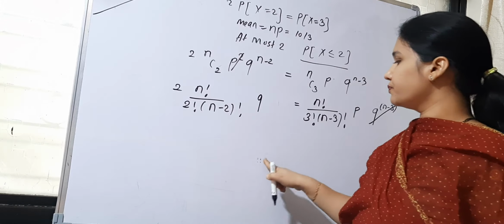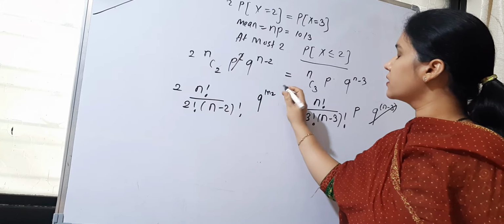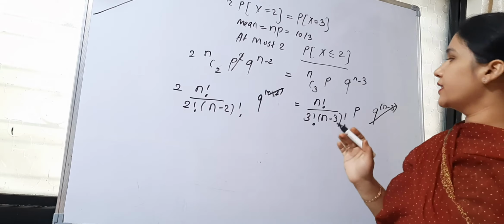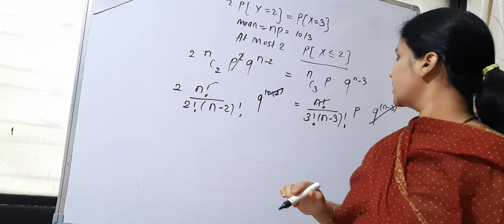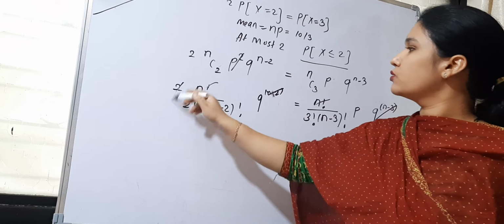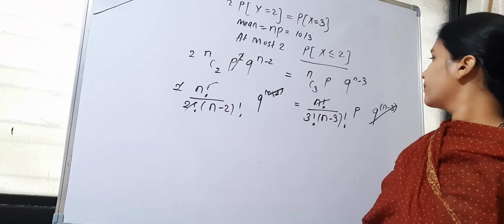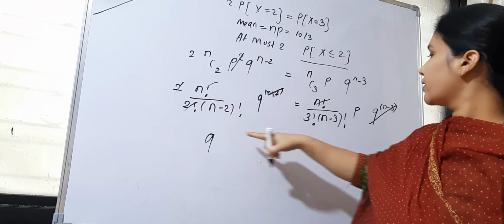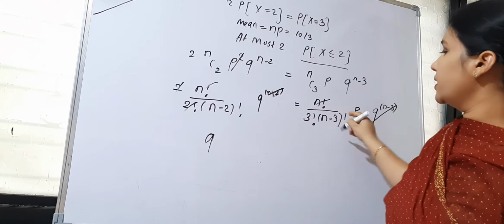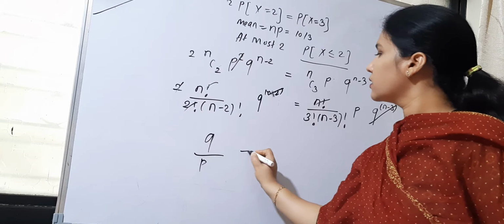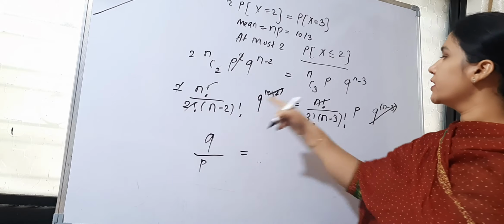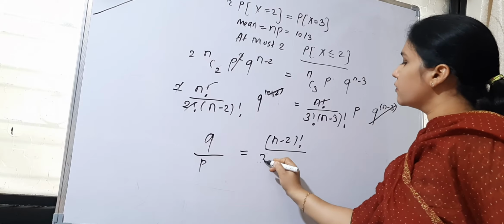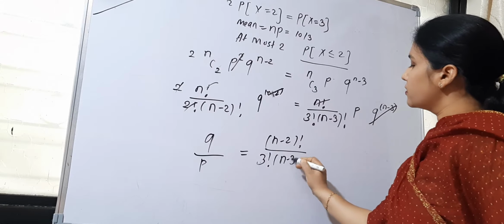Now this power gets cancelled, okay, and here the complete value will get cancelled. This n factorial cancels. After that this 2 and this 2 factorial get cancelled. Now q is remaining here and this n minus 2 factorial is cross multiplied here and this p is shifted here, equal to n minus 2 factorial upon 3 factorial n minus 3 factorial.